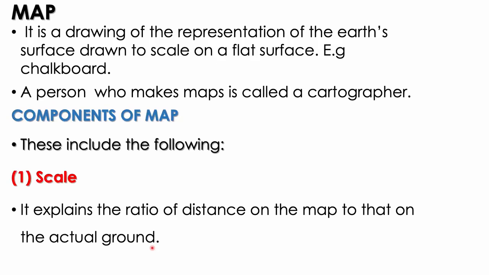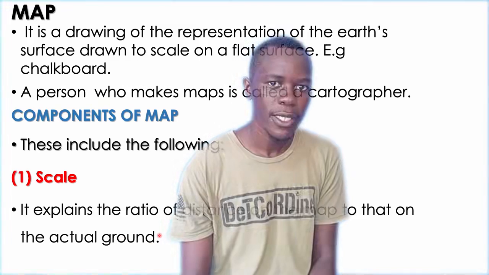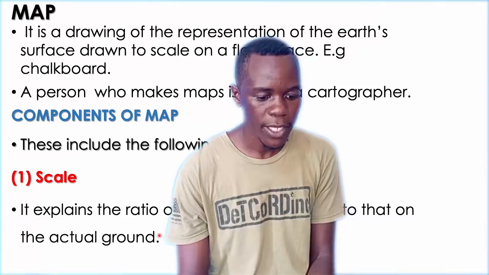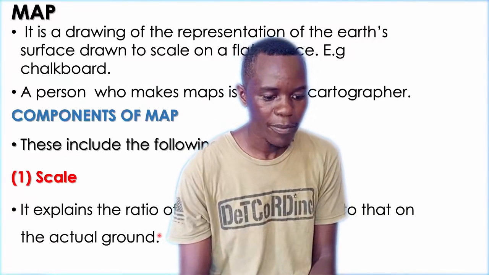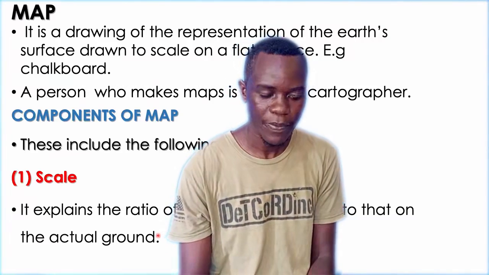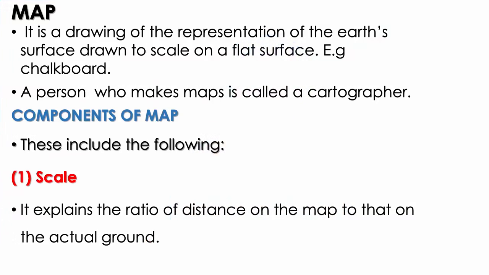As we know, the earth is huge, so we cannot draw the whole earth on the paper, but we use the scale to express the distance on the map and on the actual ground.